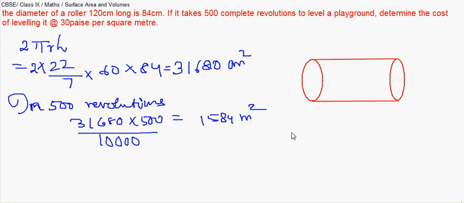This is the area that the roller is covering to level it. Now at a rate of 30 paisa, so 0.30, it's giving me 475.20. So 475.20 is the cost incurred to level the ground by this roller in 500 complete revolutions. We will be taking up more such questions in the next few sessions. Thank you.